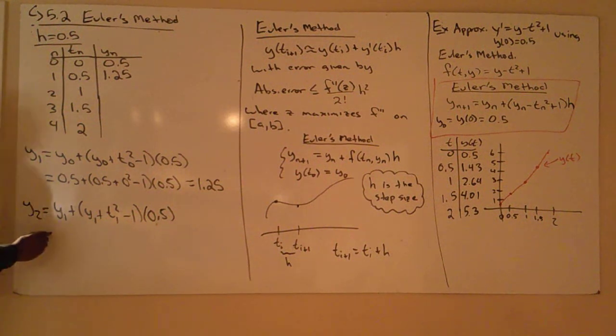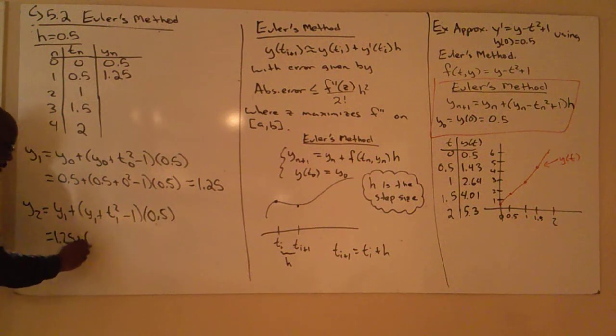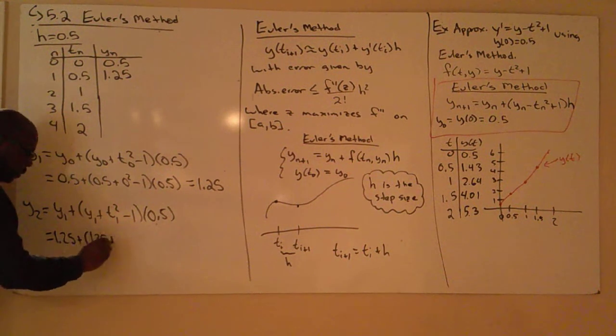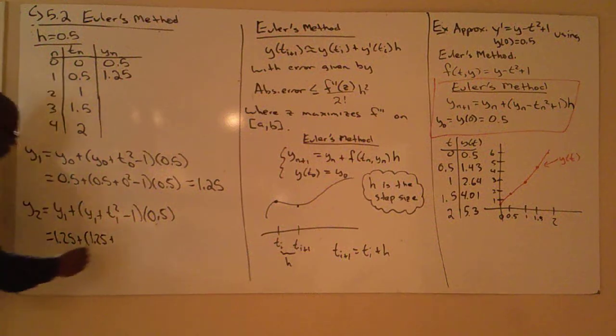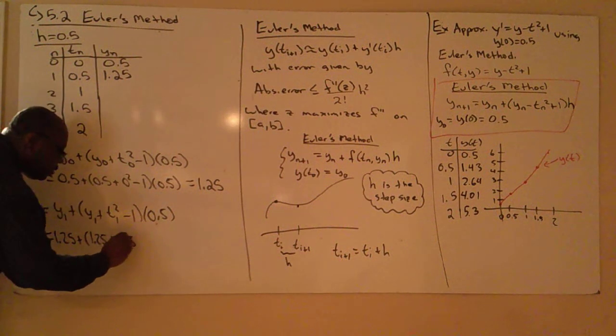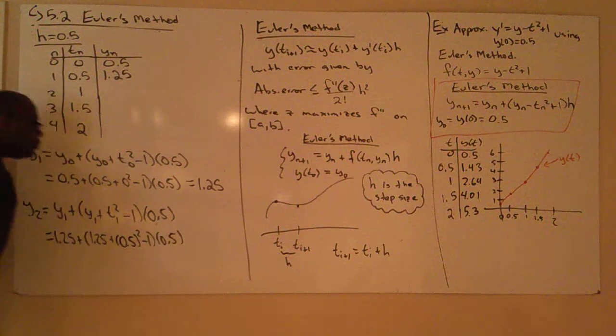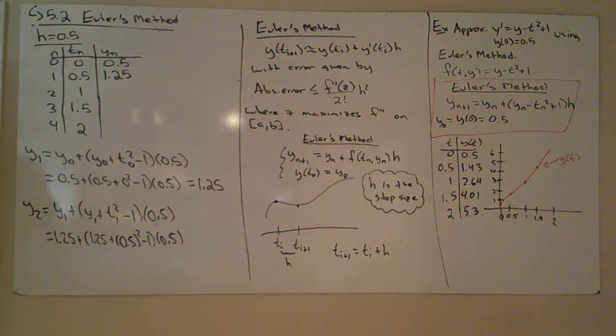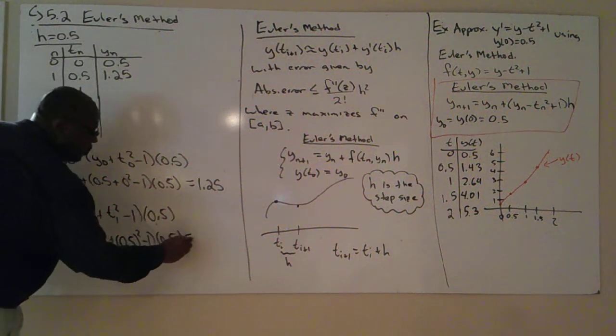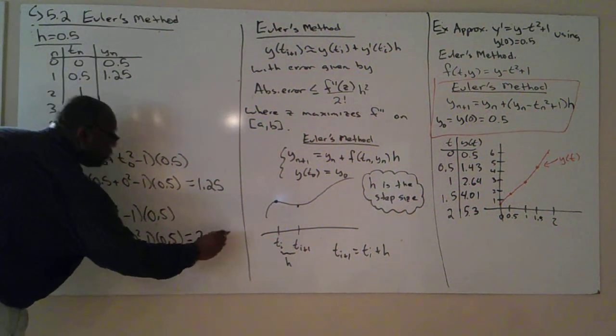So we plug in here, y sub 1 is 1.25, plus the quantity 1.25 plus t sub 1, which is 0.5, squared minus 1, times 0.5, my h. Plug that one in, you get 2.25. At least that's what I have. 2.25.